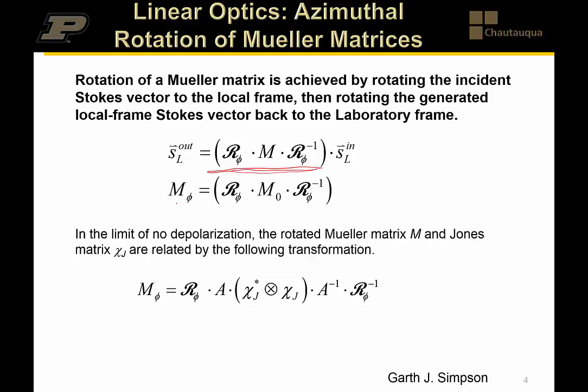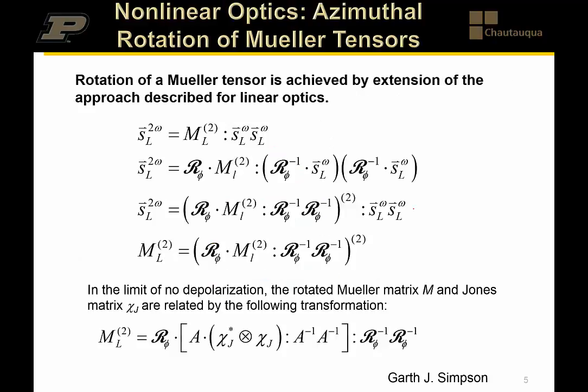Therefore, the rotated M is related to the M that is unrotated in the local reference frame through this simple set of matrix products. In the limit of non-depolarization, we can substitute in for this M0 and put that in the context of the Jones framework. But the rest of the analysis I'll be describing doesn't actually hinge on the ability to connect back to the Jones framework. That's just one additional degree of simplification in the limit of non-depolarizing interactions.